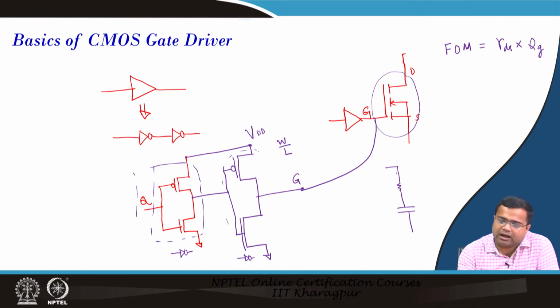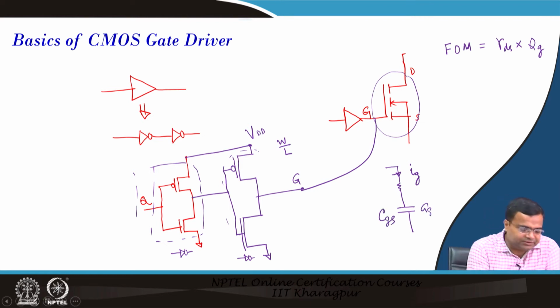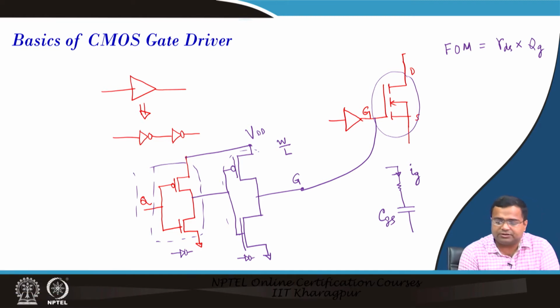So, you need a faster charge rate, and the driver current requirement is very high. The gate current has to be sufficiently high to fast charge and discharge the gate capacitance, CGS. The gate capacitance has to be charged very fast in order to turn this device on and off.